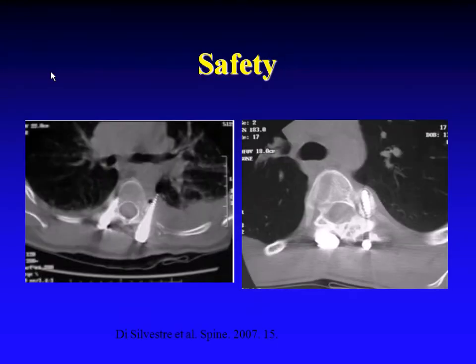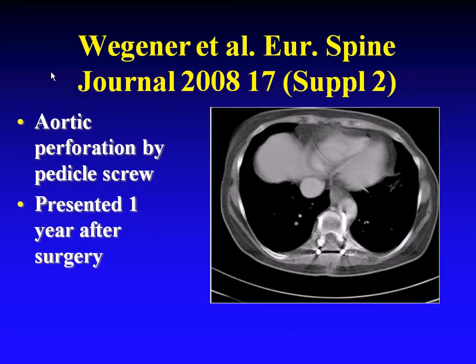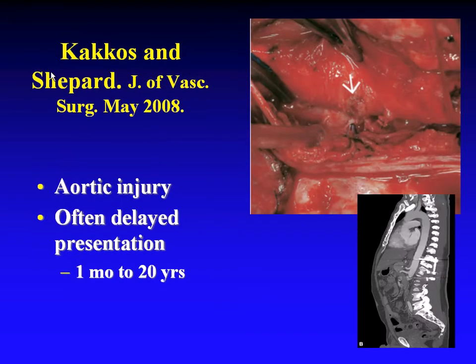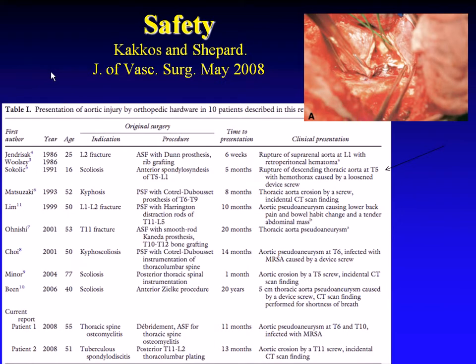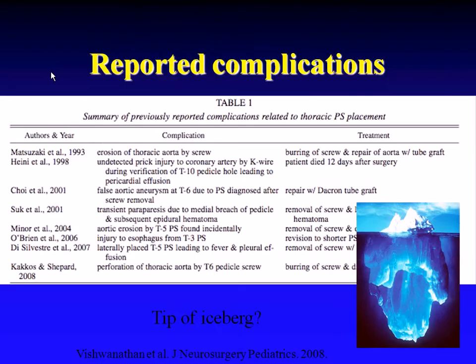And we've all seen x-rays like this where screws are misplaced. There are case reports and small series of major complications such as aortic perforation presenting 1 year after surgery. Here's another aortic injury, delayed presentation. They're usually delayed. Here's a summary of different reports, condensed, multiple different complications, and for time's sake, we don't have time to really get into this.